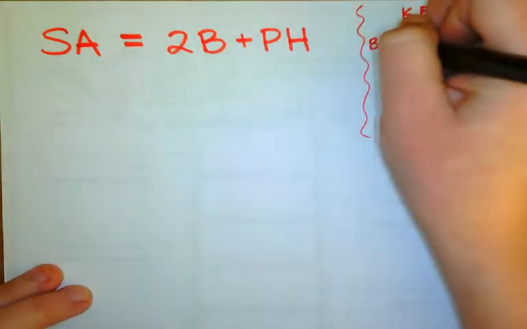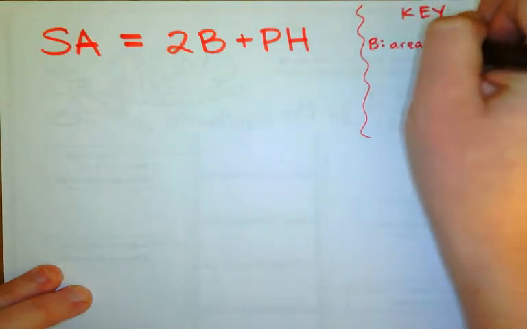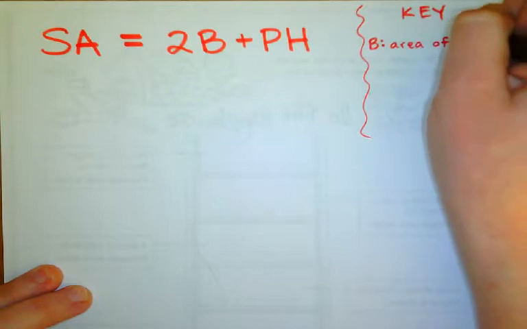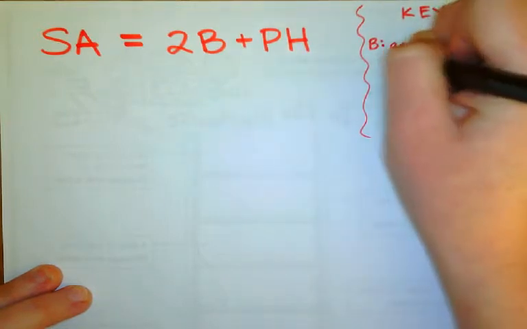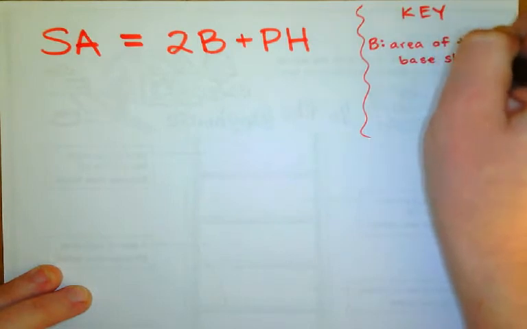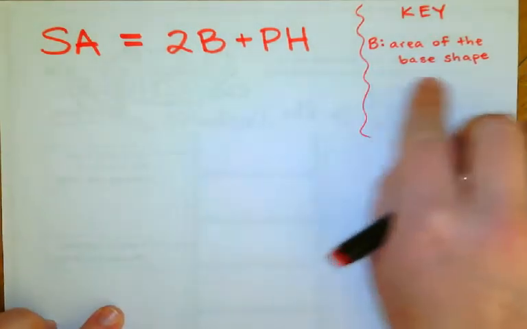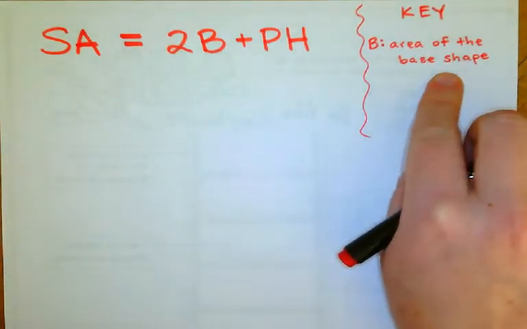is the area of the base shape. So in a triangular prism, our base shape is a triangle. In a cylinder, our base shape is a circle. So that capital B is the area of your base.